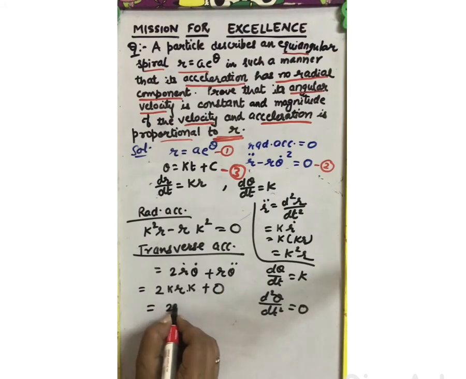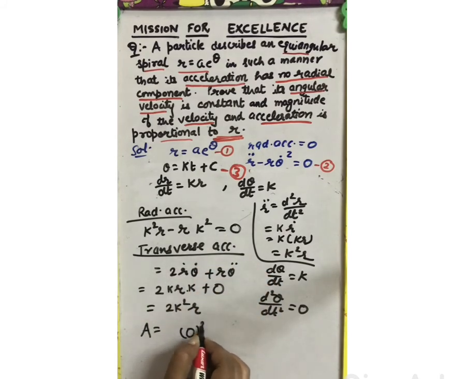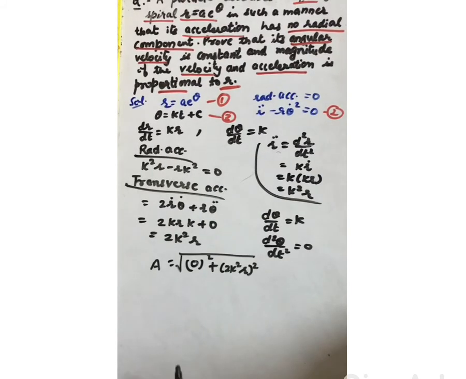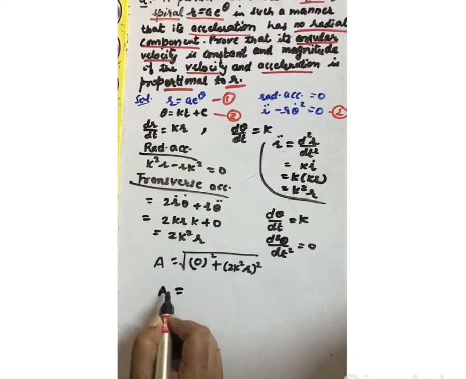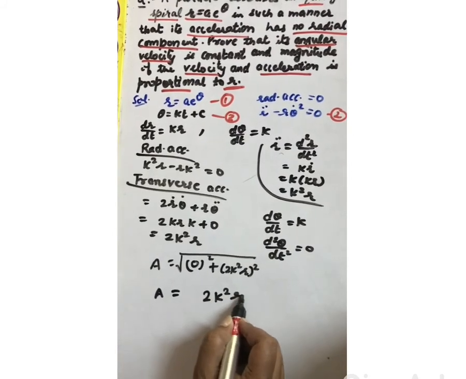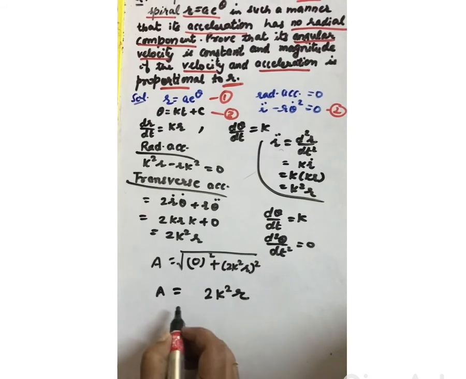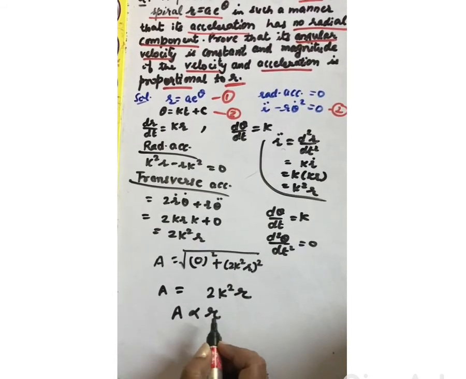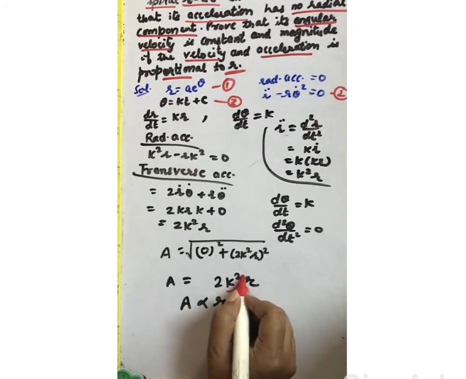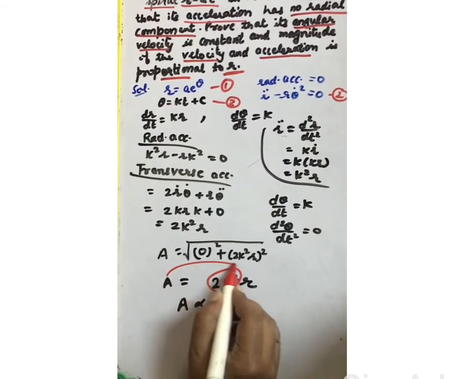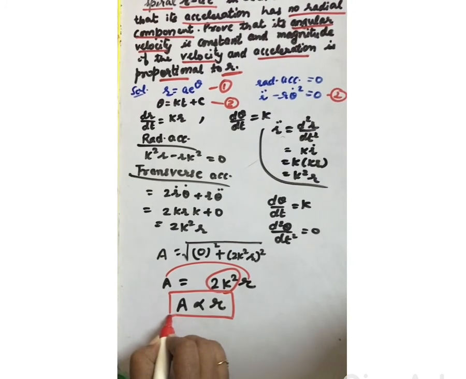So it will become 2k square r. Now the magnitude of the acceleration, let us take it capital A. Radial acceleration square is 0 square, transverse acceleration square is 2k square r square, and then take root. From here we get A equal to 2k square r. So from here you can see A is proportional to r, because 2 and k square are constants. Therefore A is proportional to r. A depends on r. So hence proved.